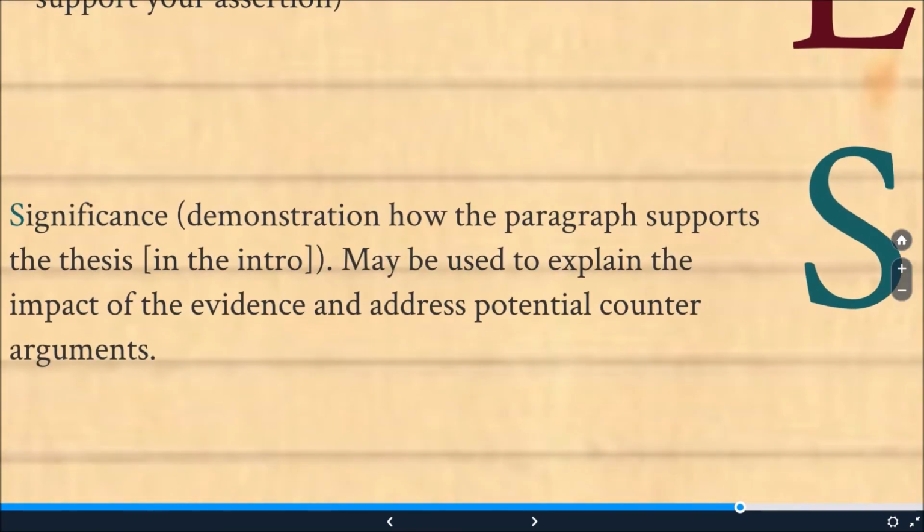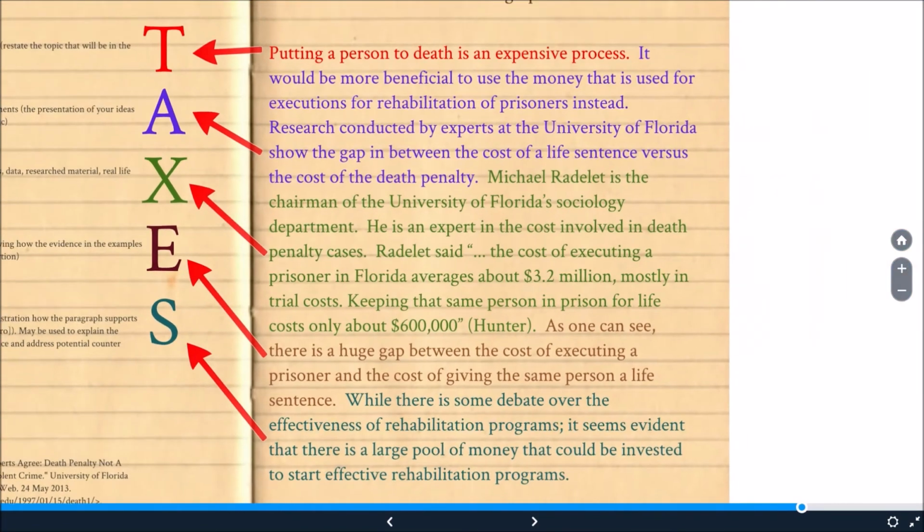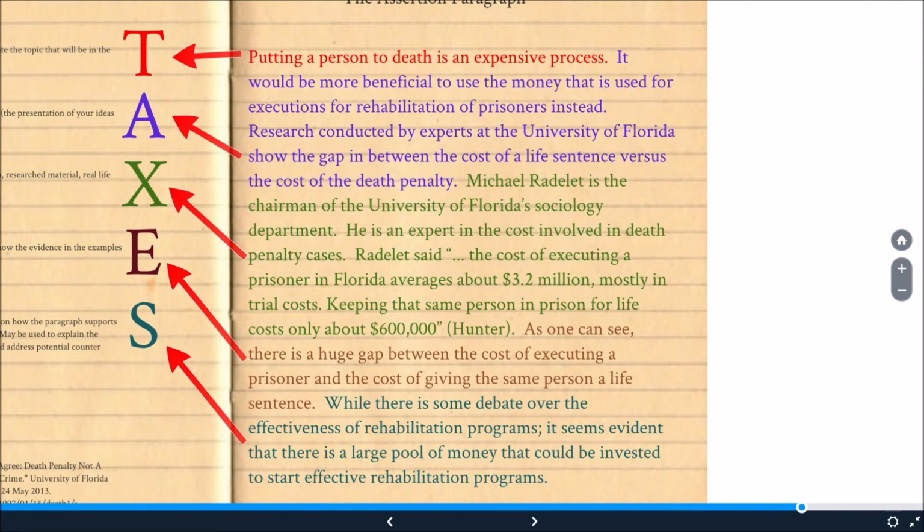What it says here is may be used to explain the impact of the evidence and address potential counter arguments. So a counter argument to what I had said above might be that the rehabilitation programs are not effective. I'm saying there might be some debate over whether rehabilitation programs are effective or not. I'm not arguing that.